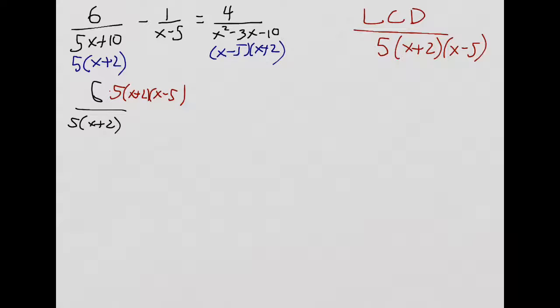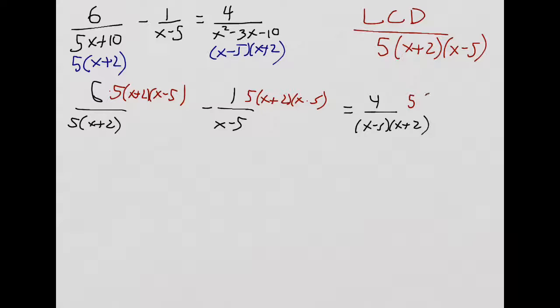Then we take our next term, which is minus 1 over x minus 5, and same thing, we multiply this times 5 times x plus 2 times x minus 5. And we reach the last term, 4 over x minus 5 times x plus 2, and we multiply it by 5 times x plus 2 times x minus 5.